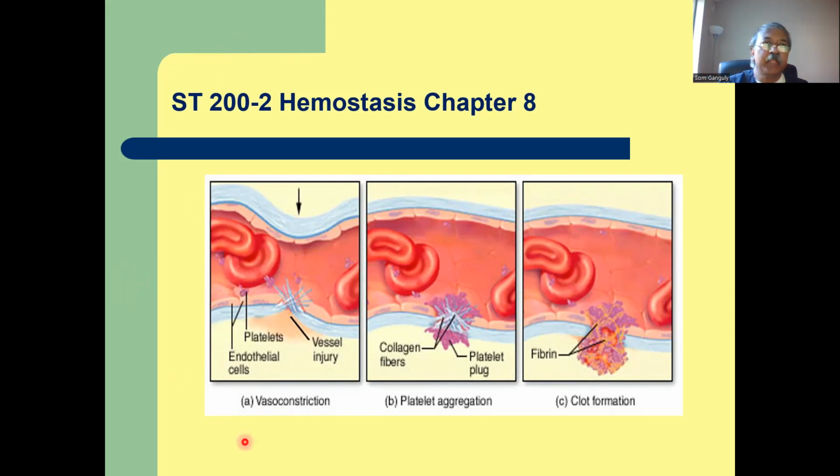So here you can see vessels. When there is trauma, an injury to this vessel wall, it starts to form a plug, which is a clot. Basically, the common term for that is clotting.